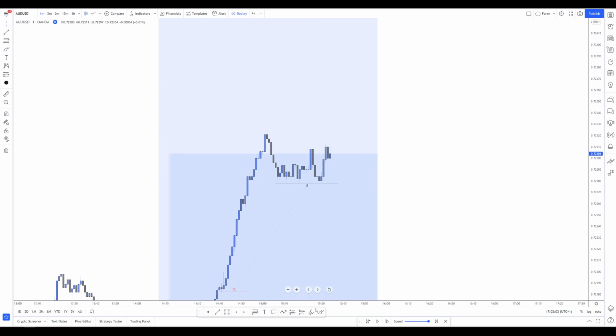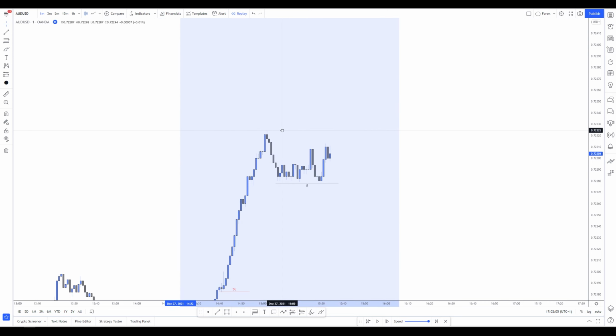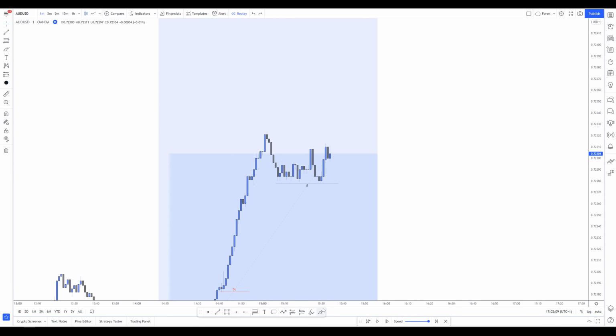But if price was going to break this high right here, I would move my stop loss below the lows just to lock in more percentage.